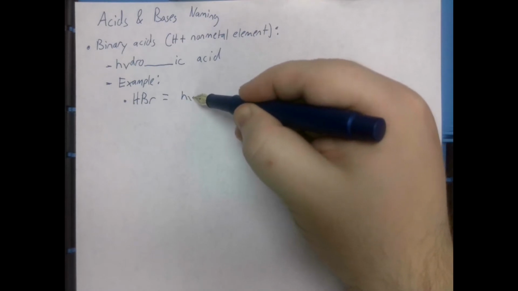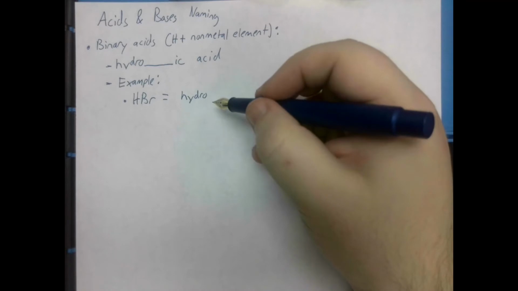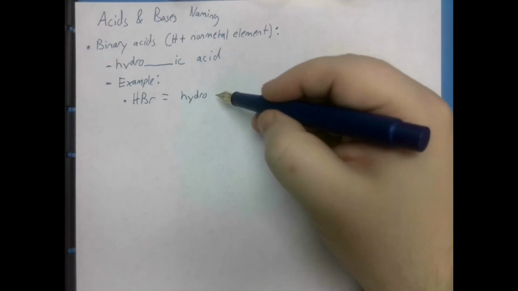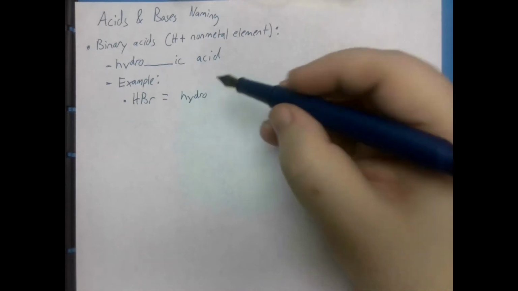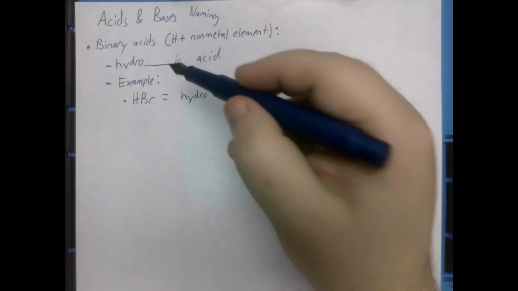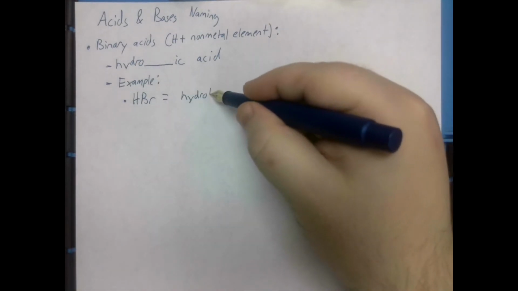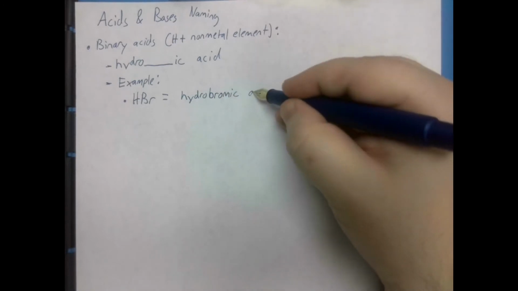So it'll be hydrogen and bromine. What would be the full name of it? So we changed the ending to IC and we prefix it with hydro. So this would be hydrobromic acid.